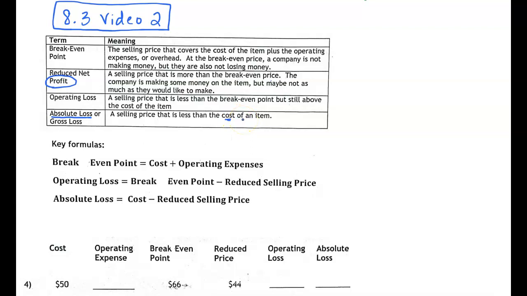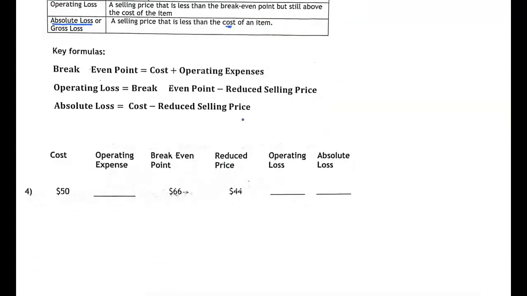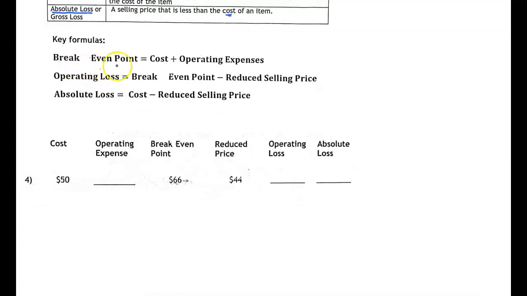A couple of formulas that go with those definitions. The break-even point is the cost of the item plus operating expenses. An operating loss is a subtraction comparing that break-even point. Again, the break-even point means you don't make money and you don't lose money for the business, minus the selling price.